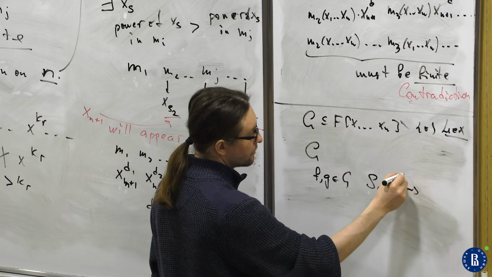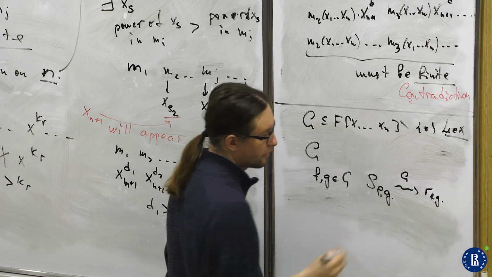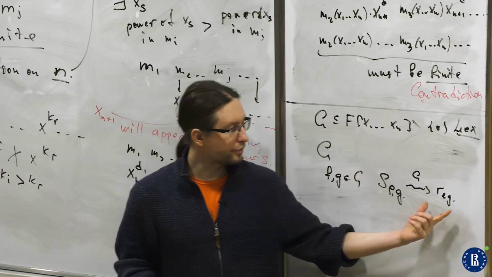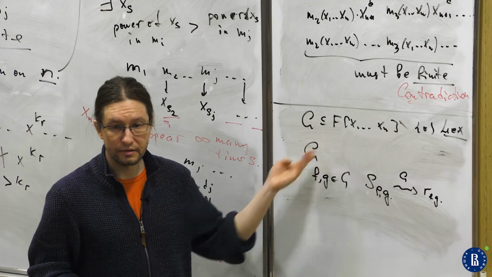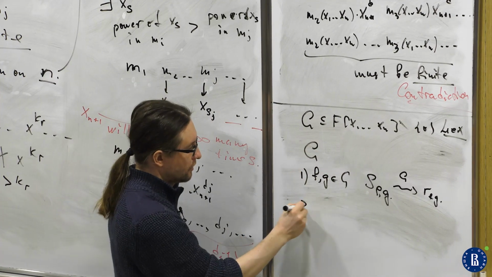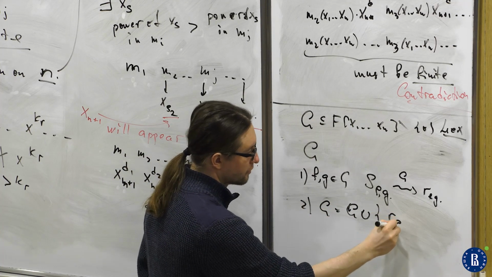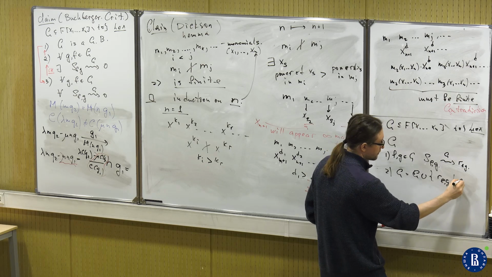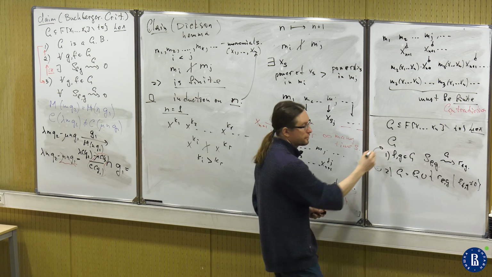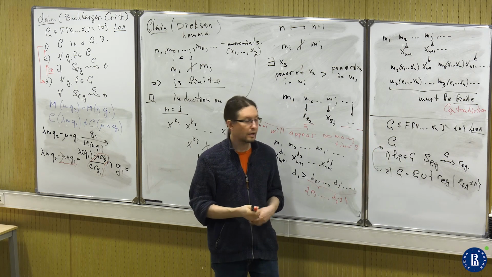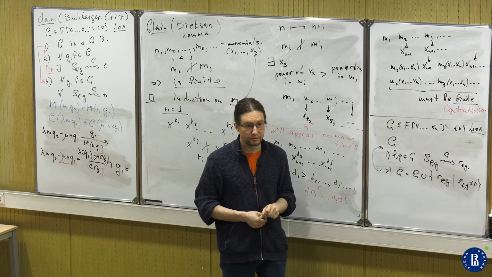Then we consider a reduction of each. Now, if all the remainders are 0, then this is a Grobner basis. If not, then we add all the non-zero remainders and just repeat the procedure. Okay? Now, we want to show that this procedure will terminate.